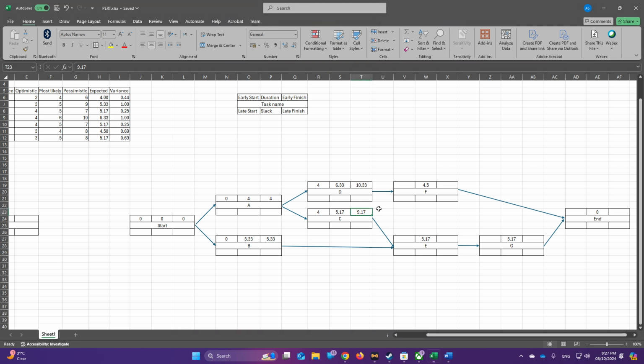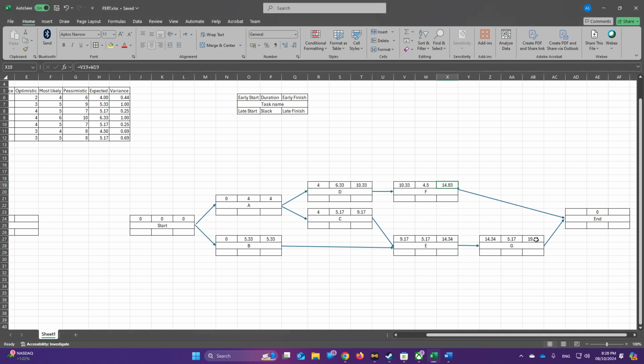9.17. I need to correct myself again. It is early finish. We need to find the maximum early finish for those nodes. We have 5.33, we have 9.17. So we will take the maximum, which is 9.17. Of course, we will add this to this and we will get the sum.